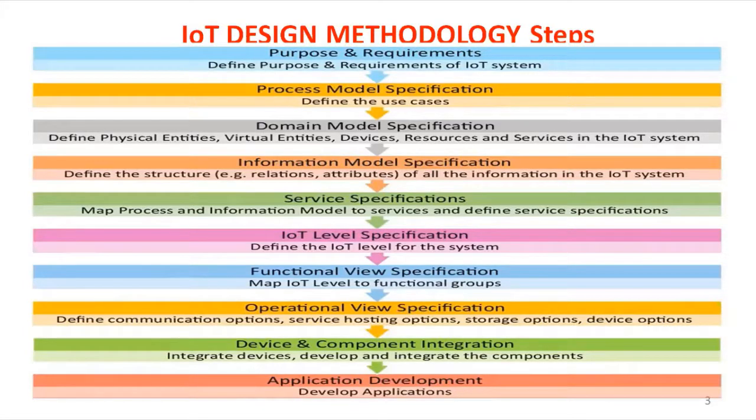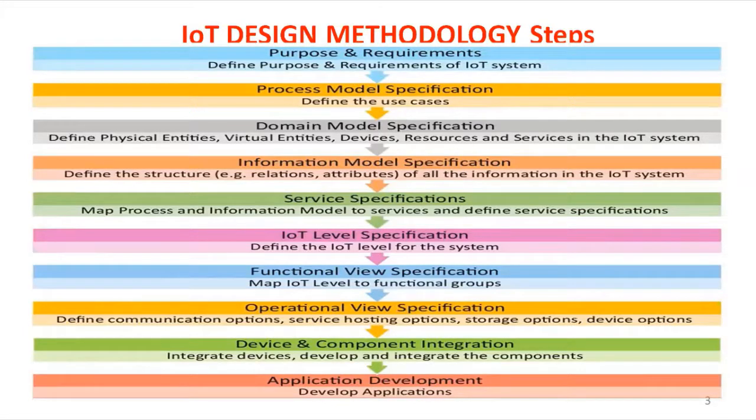Now, the next important one, service specification. What is a service specification? Services in the sense map the process and information model to services and define the service specification. Here you have to map the process model as well as the information model.